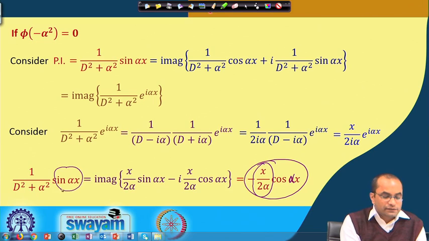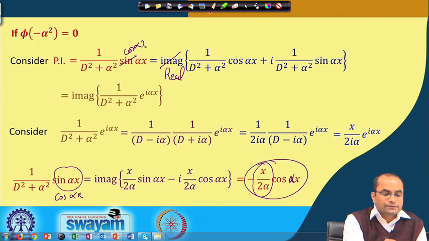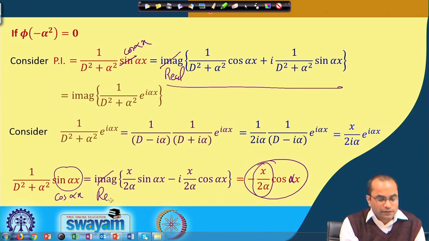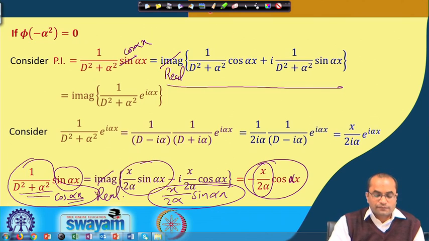Because when we take cos alpha x, this will be the real part. So, if we put cos alpha x, then finally we want the real part, and the real part will be x over 2 alpha with sin alpha x. So, that will be the result when we apply 1 over D square plus alpha square on cos alpha x: x over 2 alpha and sin alpha x.